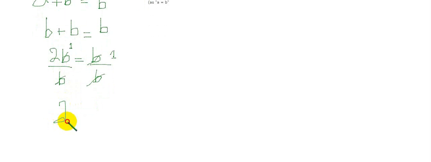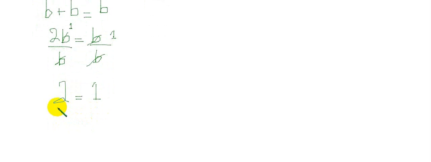Okay, so on the left side we got 2, and on the right side we only got 1. So hey, we proved that 2 equals 1, or we can say 1 equals 2.